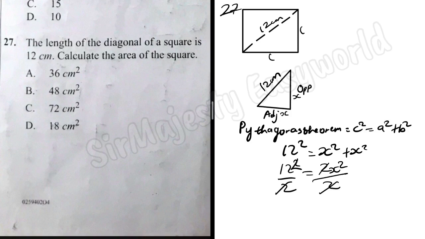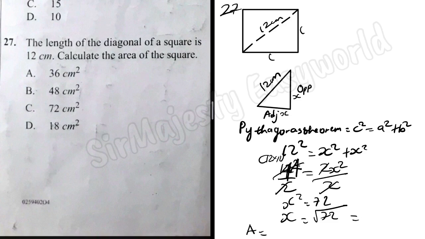Before we divide, note that 12 square is 12 times 12. That's 144. So dividing by 2, x square is equal to 72. So x is equal to the square root of 72. When we are calculating the area of the square, this is the length of the sides. The area of the square is L square.